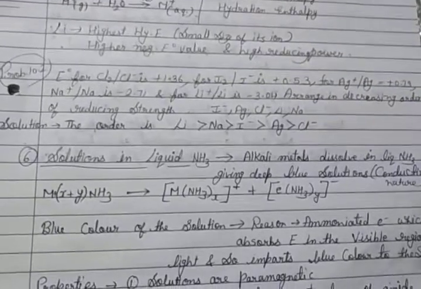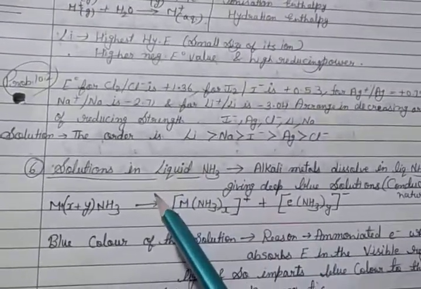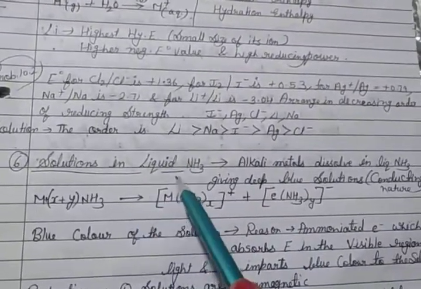Okay, then the sixth chemical property of the alkali metals: solution in liquid ammonia.